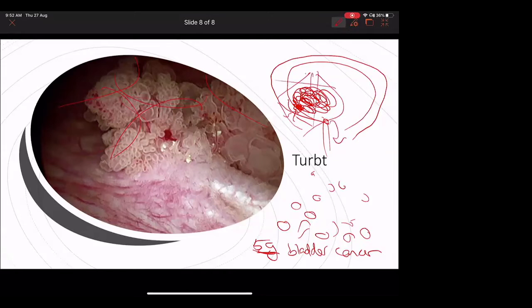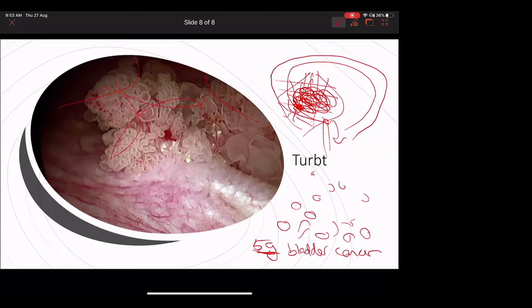So I also have to chop it into small pieces to bring it out piecemeal. So while for most cancers we strive to take out in one piece, there are certain exceptions like bladder cancer that we chop in many pieces.